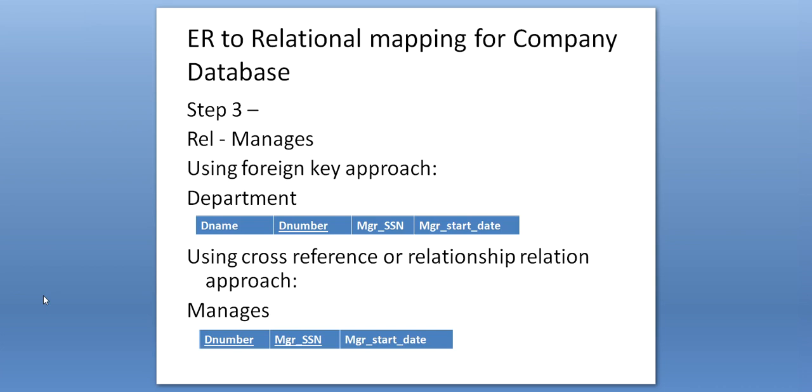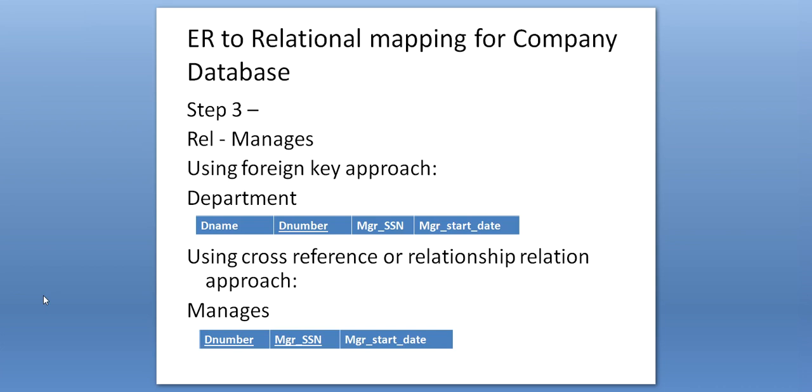From all the approaches that I had given you, there are three approaches. One is the foreign key approach, another is the merge relation approach, and the last one is the relationship relation approach. From those three approaches, we cannot use the second option, the merge relation approach, because it does not have total participation from both the entity types participating in the relationship manages.